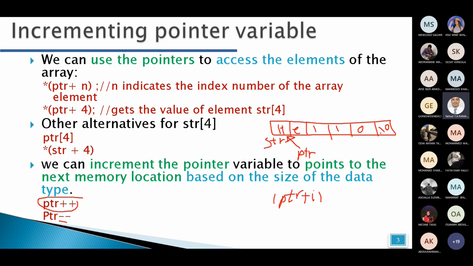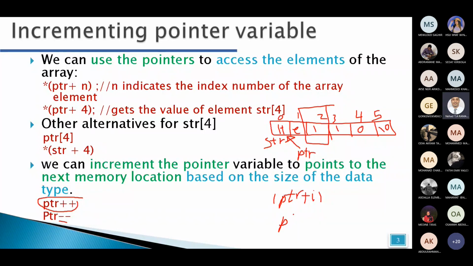Like this, you point to a specific element. We have the index 0, 1; any array in C language starts the index from 0. So the index 0, 1, 2, 3, 4, 5. Okay, I need this element. How to reach this element?